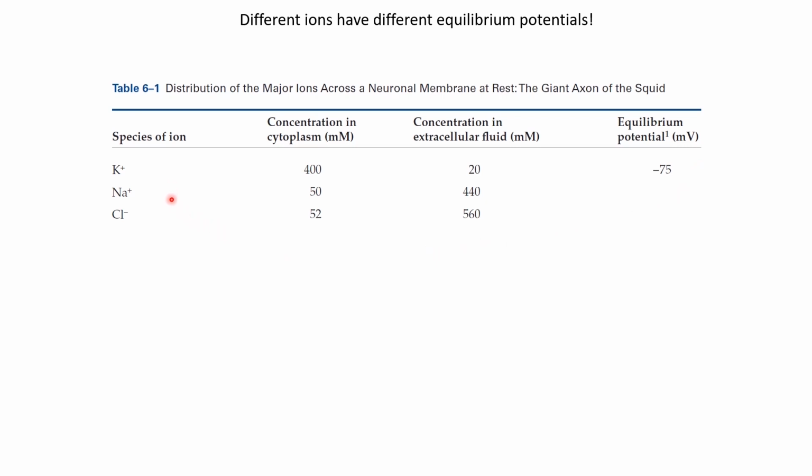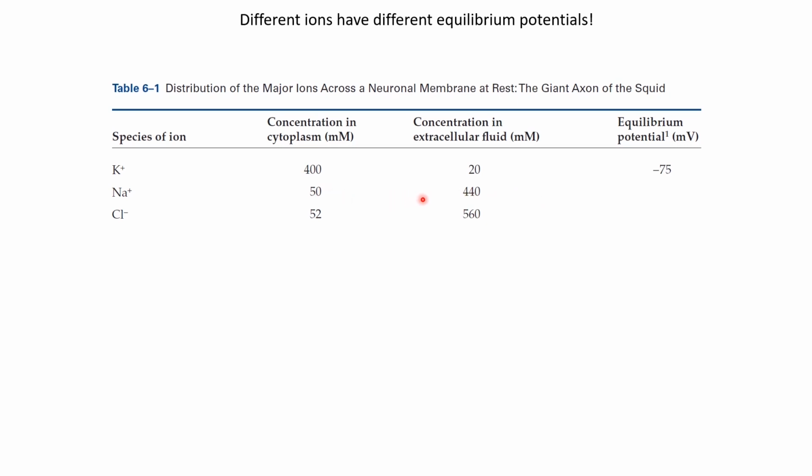Sodium's concentration gradients are reversed. It is present in lower concentration inside and at a higher concentration outside the neurons. And the charge of sodium is the same as K+, it's +1. So can we guess what the equilibrium potential for sodium would be? Well, we can get the exact value by plugging these values into the Nernst equation.